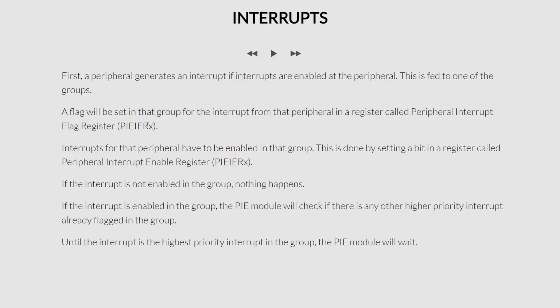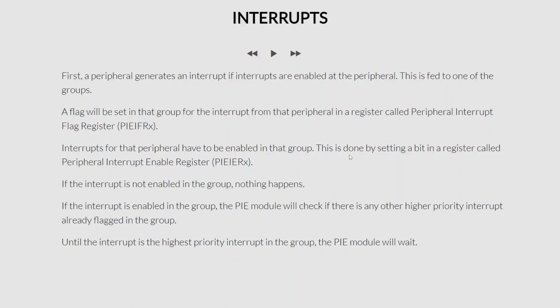Again, an entire map exists. I'll talk about that very soon. But for now, you just have to know that every interrupt from every peripheral is assigned a group, and within that group, it is also assigned a particular bit in the flag register.